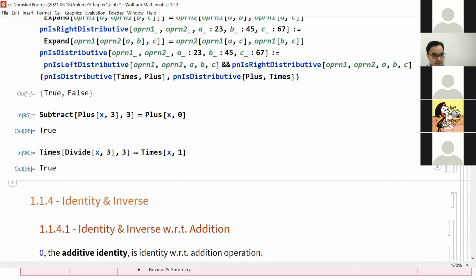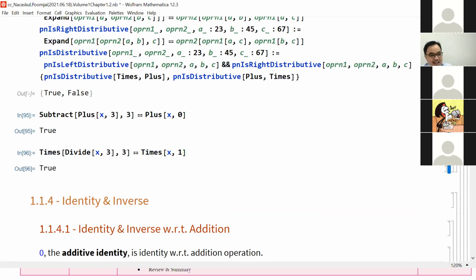It's true, right? So these two are inverses because they produce the same thing as performing with the identity. This is a reverse of that because it's the same thing as performing with the identity. So that's what I mean.